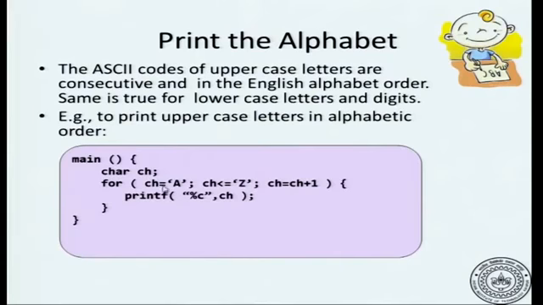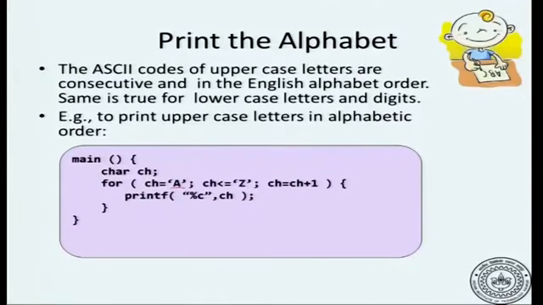What you have to do is to initialize a particular character variable to capital letter A, the ASCII character A. Note that A within single quotes stands for the character constant A. If you look at the integer value, then it is the ASCII code for A. We are not particularly interested to know what exactly the number is.